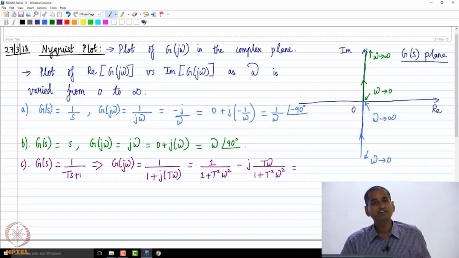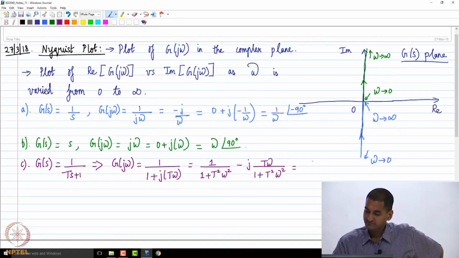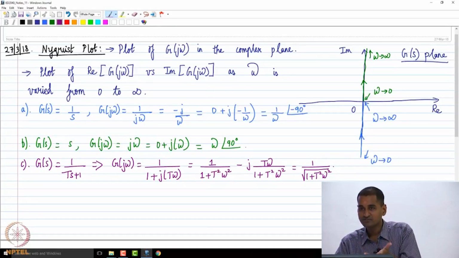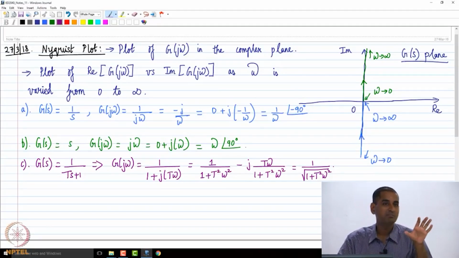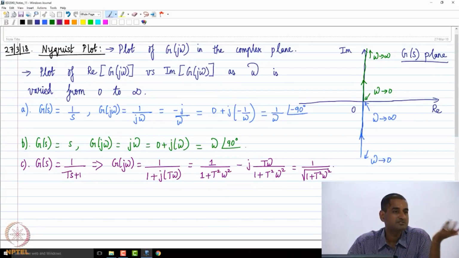So in terms of magnitude and phase, how can this be rewritten? What do you think will be the magnitude of this transfer function? It's going to be just 1 divided by the square root of 1 plus T squared omega squared. By now I think all of us are getting more and more comfortable, right? If you have this complex valued function and you want to find the magnitude, you have a ratio, so you just take the ratio of the individual magnitudes, right?